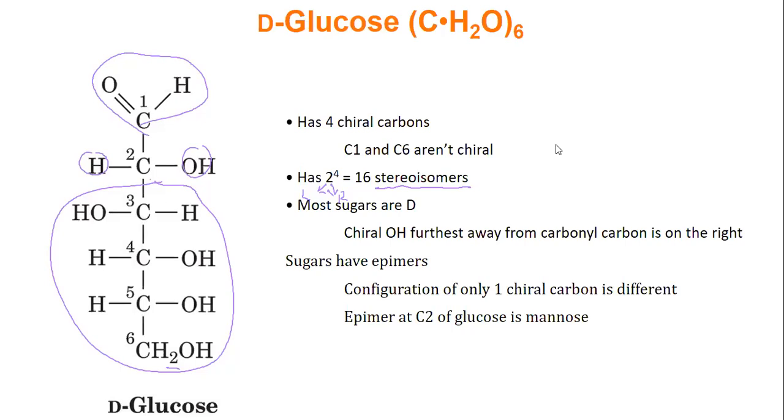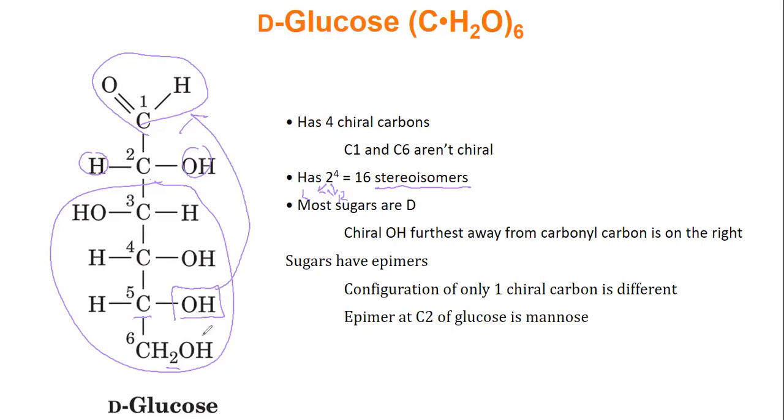All right. When we are looking at sugars here on Earth, the majority of them are D sugars. A D sugar has the OH furthest away from the carbonyl carbon, the one that's still chiral, on the right. So again, I'll repeat that.